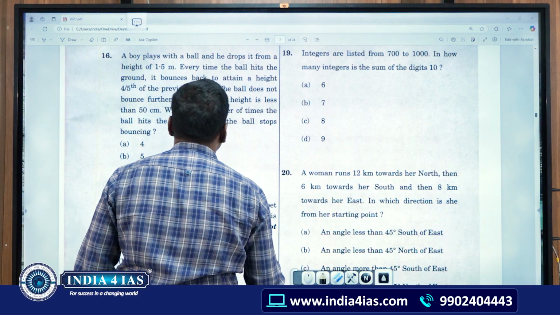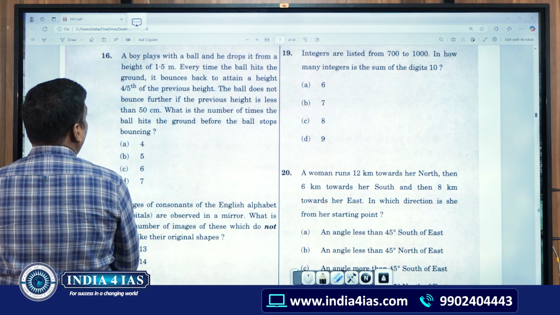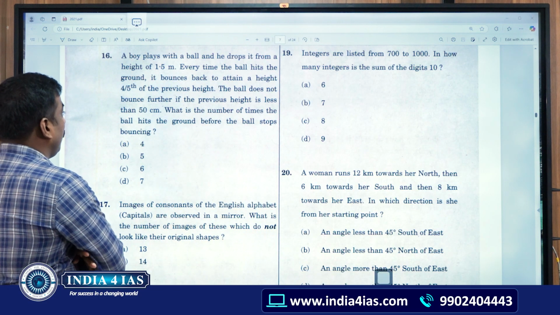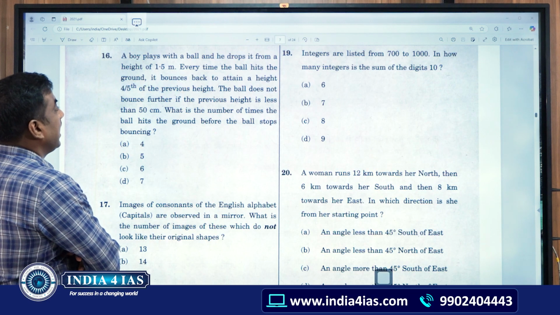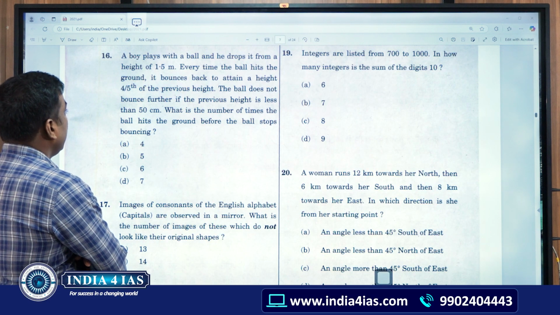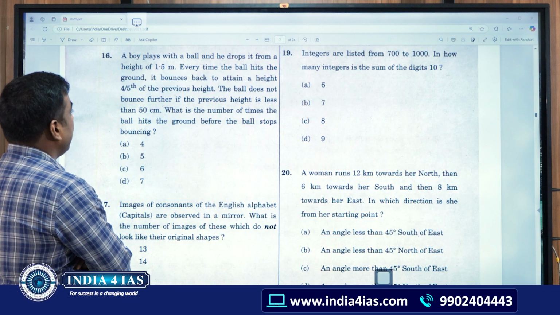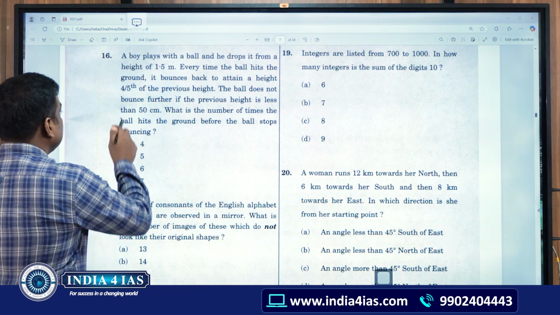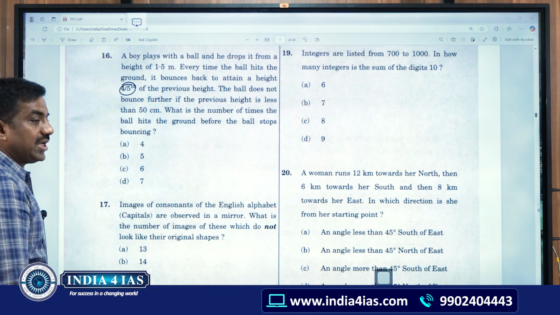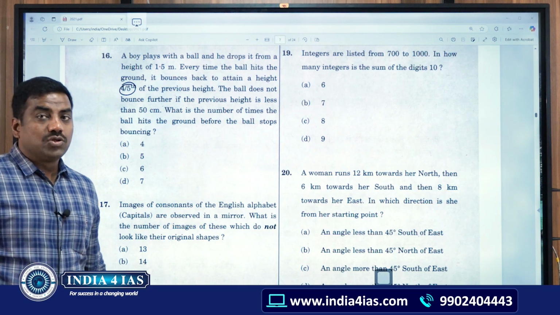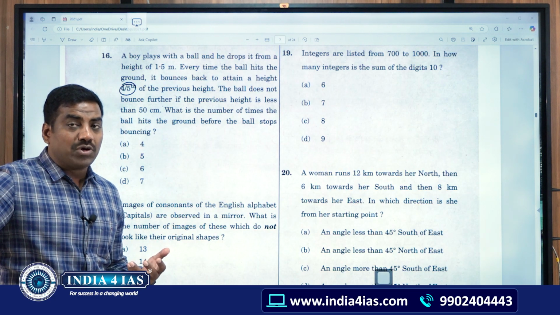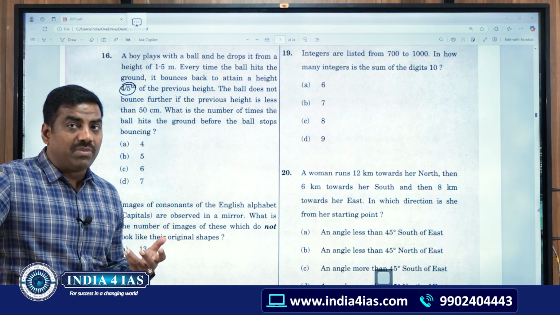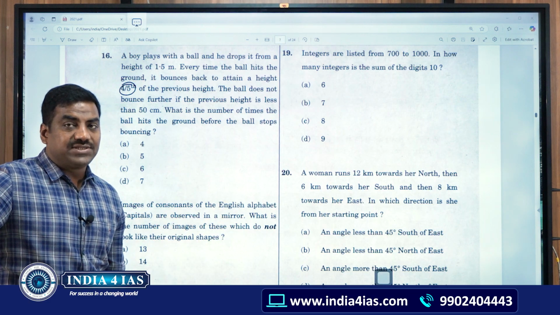A boy plays with a ball and he drops it from a height of 1.5 meter. Every time the ball hits the ground, it bounces back to attain a height of 4/5 of the previous height. So it is a diminishing geometric progression. Geometric progression is that progression where we multiply with a common ratio to get the next element.